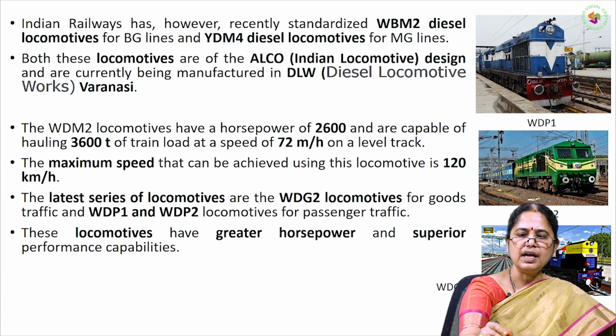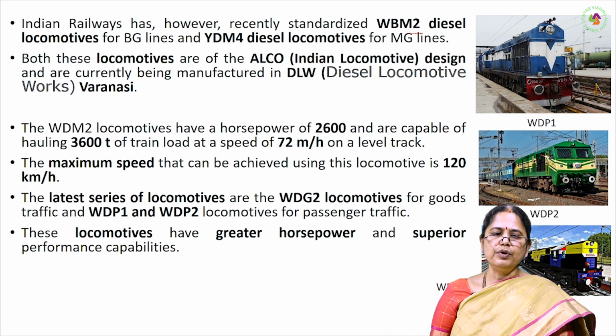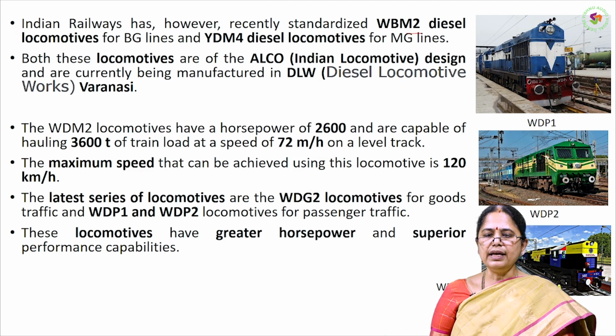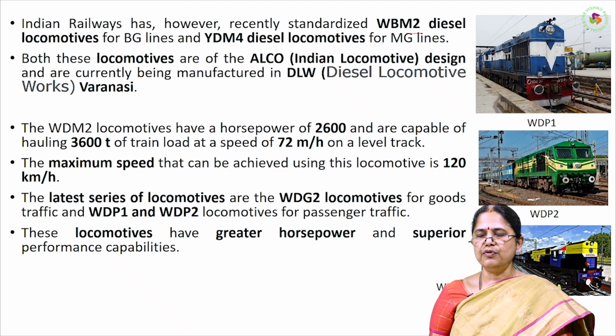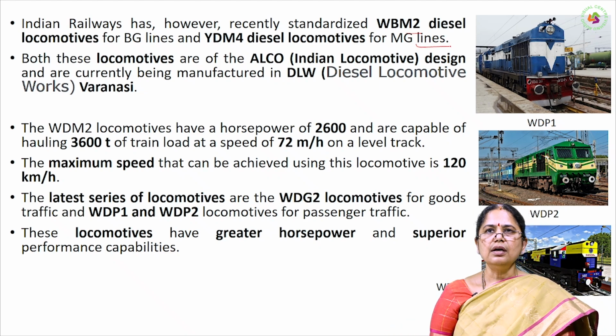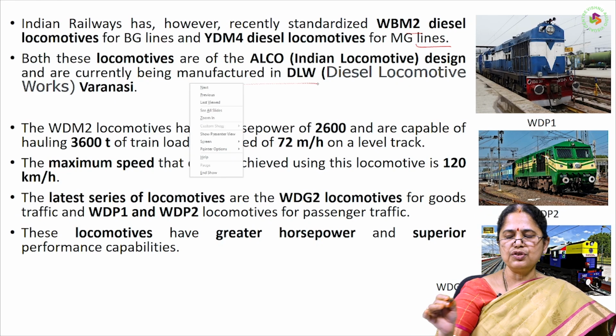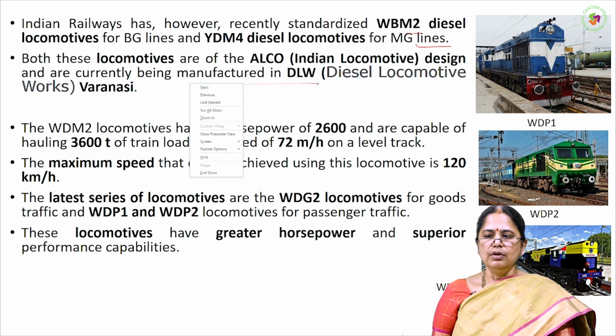Indian Railways has, however, recently standardized WDM2 diesel locomotives for broad gauge and YDM4 diesel locomotives for the meter gauge lines. Both these locomotives are of the ALCO Indian Locomotive design, and are currently being manufactured in the Diesel Locomotive Works in Varanasi.